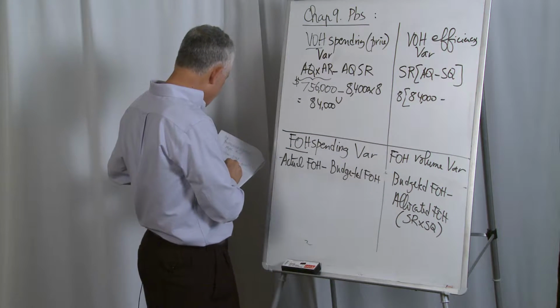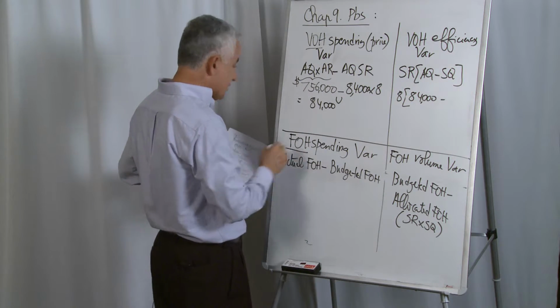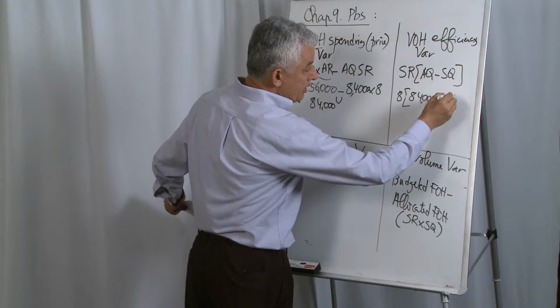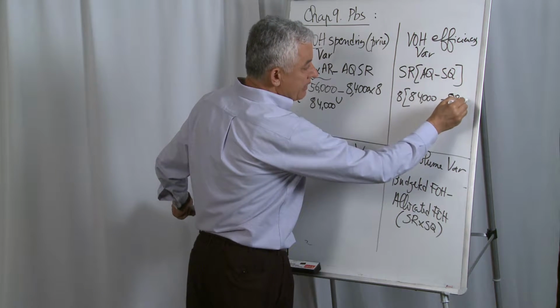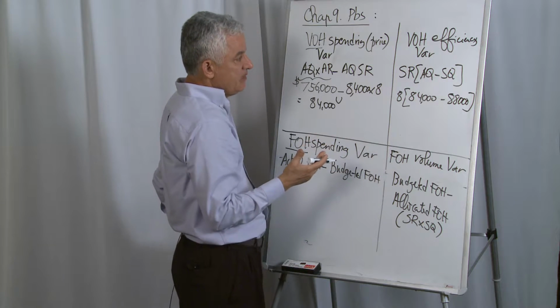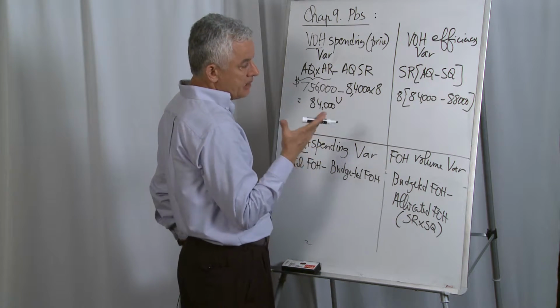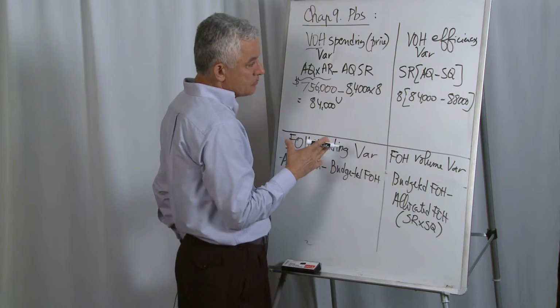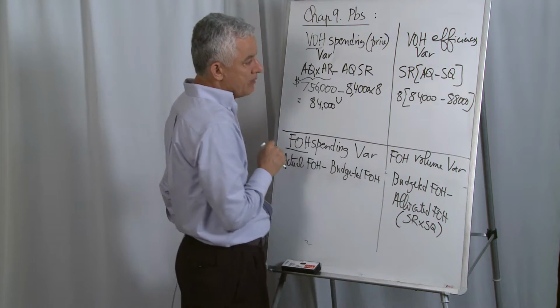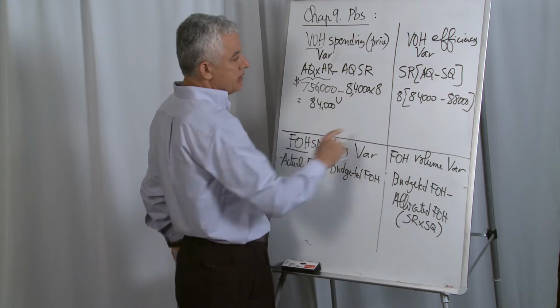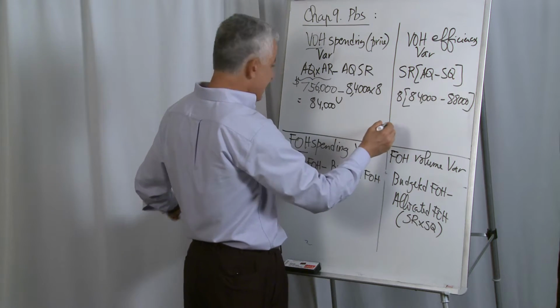Minus the standard quantity, which is, what is the standard quantity? It is 88,000. How do you get the standard quantity? Again, the same definition: the standard quantity is the standard input allowed for the actual output. Here the input is direct labor hours. Why? Because we're allocating variable overhead based on direct labor hours. So how do you get this 88,000?